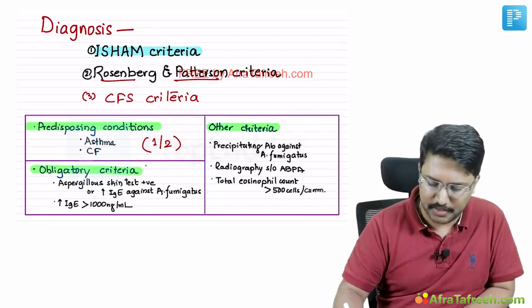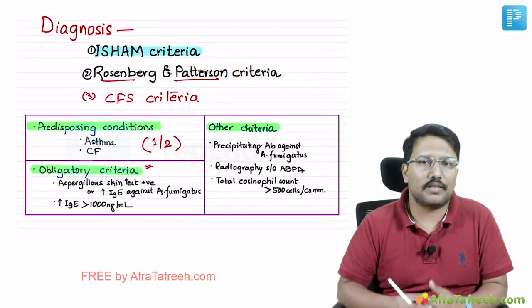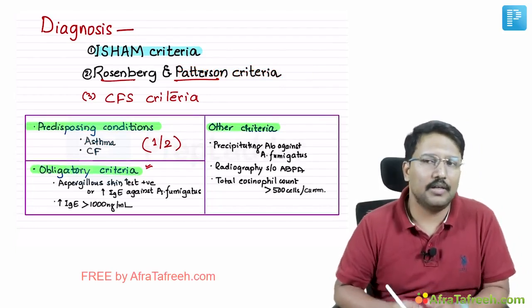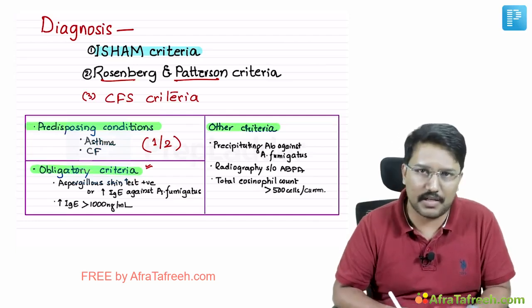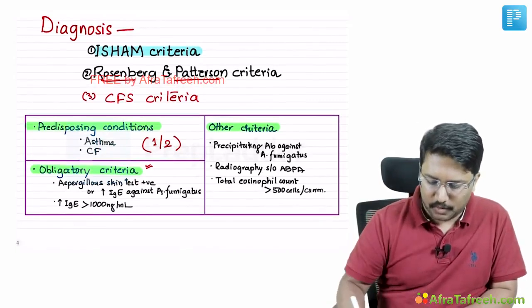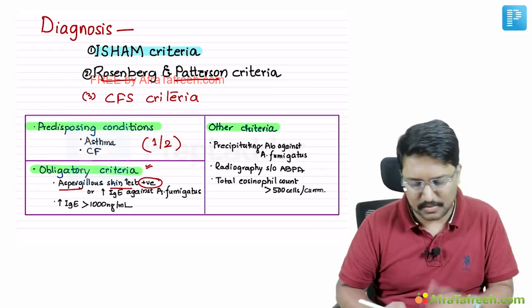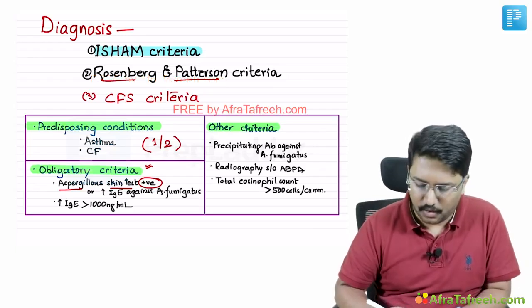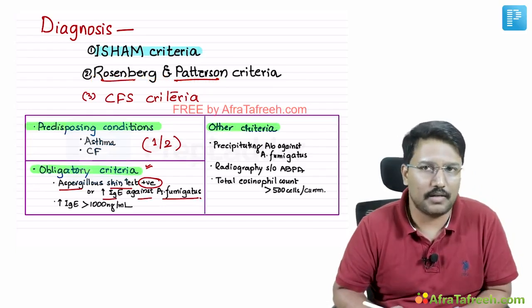After having satisfied the predisposing criteria, you will look at obligatory criteria. We have already understood that this is a type 1 hypersensitivity reaction in a pre-existing asthmatic or cystic fibrosis patient, and we are talking about the IgE levels and eosinophils, right? Now, what we need from the obligatory criteria is either the aspergillus skin test should be positive, or the IgE levels against aspergillus fumigatus should be elevated, right?